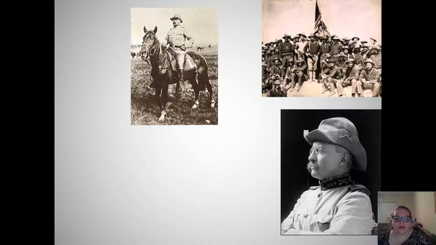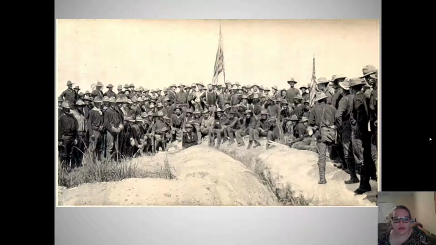Okay. Lots of Teddy Roosevelt propaganda here. You're going to see lots of him in his military regalia. Okay. If you notice right here on his collar, it says USV, U.S. Volunteer Cavalry. Okay, Rough Riders actually weren't owned by the military in any way. They just chose to follow the military rules.